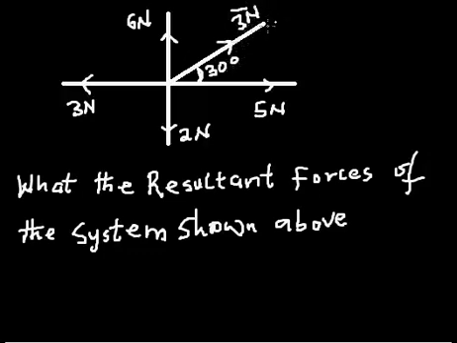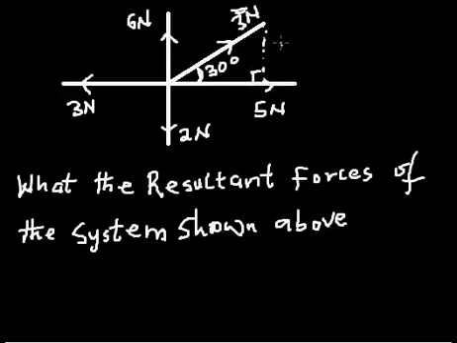Remember, if I want to add it, it will be easier for me to add it in terms of components. So I want to express this 3 Newton in terms of its components, both vertical and horizontal. If I draw a line to meet the horizontal, you know that this is 90 degrees.